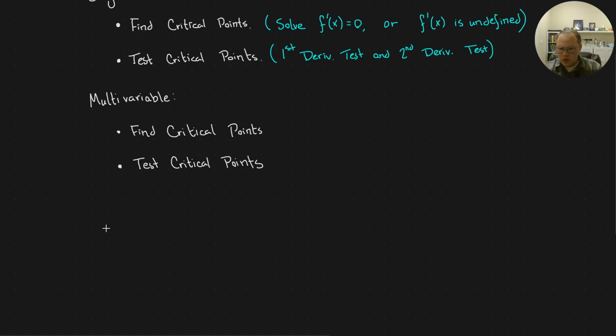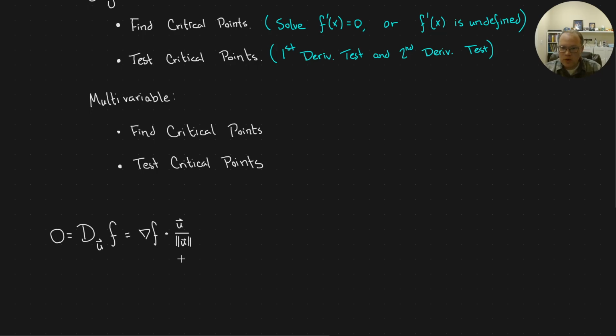Okay? So the idea here is we want the directional derivative in every possible direction u to be equal to 0, right? For every direction u. Now, we know that this directional derivative, let me actually move the 0 to the other side, is equal to the gradient of f dotted with a unit vector in the direction of u.